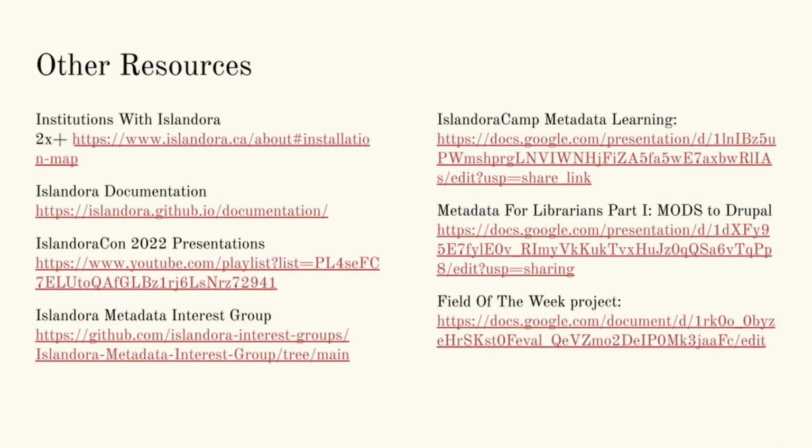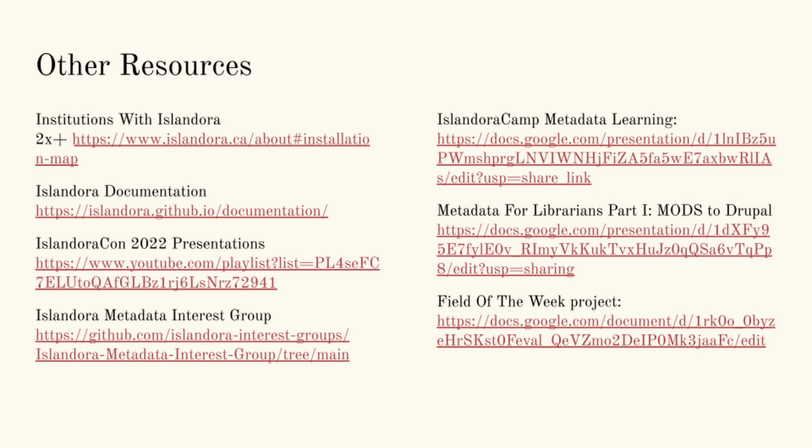And then we wanted to leave you with some other resources. On the left-hand side are various links to documentation. There's a lovely map with other institutions with Islandora 2.0 and other variations. And on the right-hand side are the projects that sort of led up to this. The top one is the presentation we gave at Islandora Camp. The second one was an edited down version that we gave in a MIG.